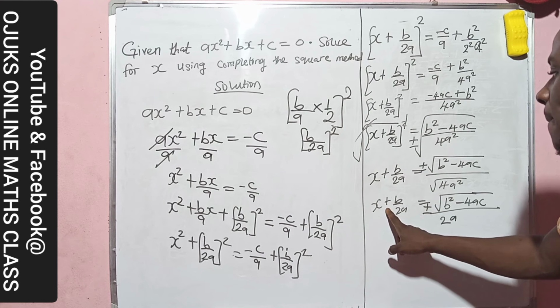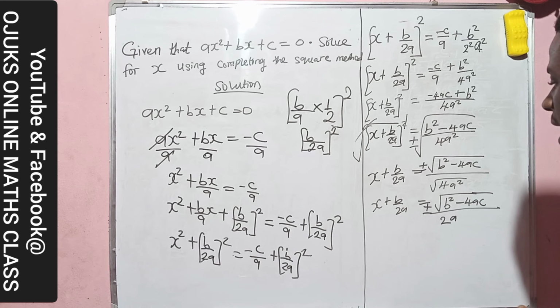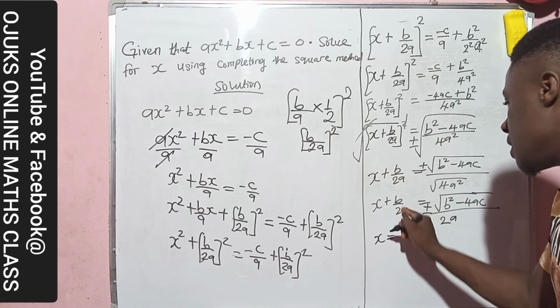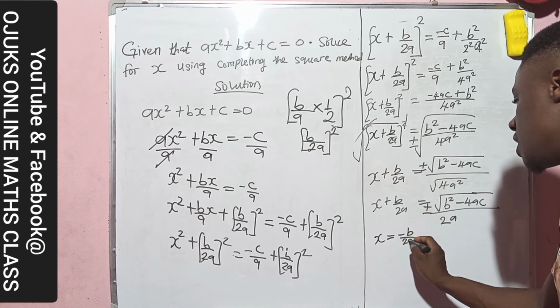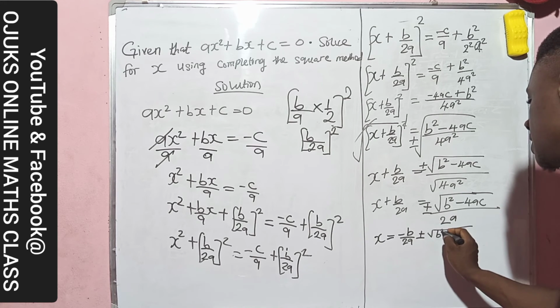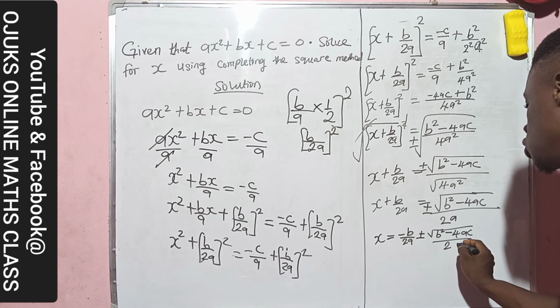I will have to transfer plus b over 2a to the other side of the equation. When I do that, I will have that x is equal to minus b over 2a plus or minus square root of b squared minus 4ac over 2a.